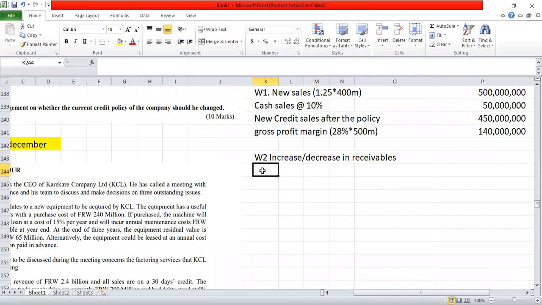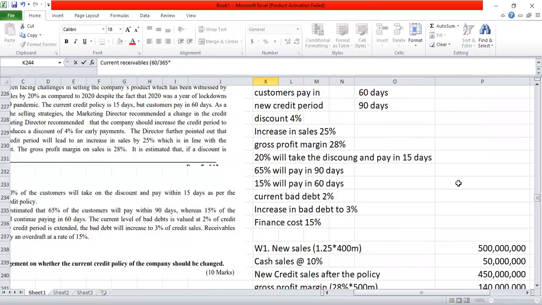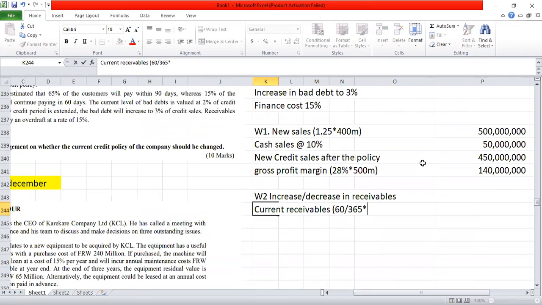What is my current receivable? Customers are paying in 60 days, so it is 60 over 365 times my current credit sales, which is 360 million.